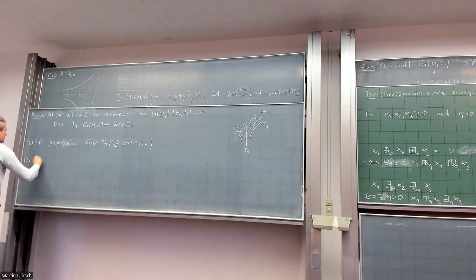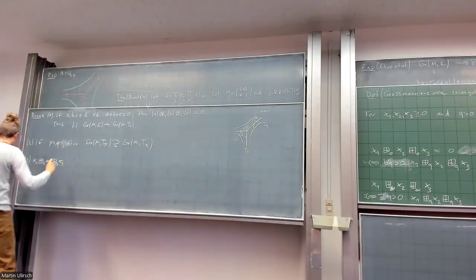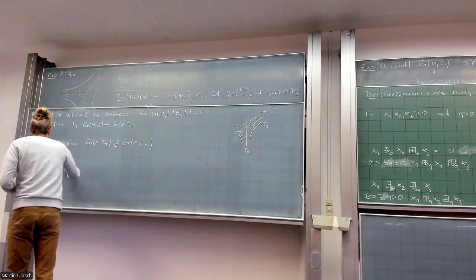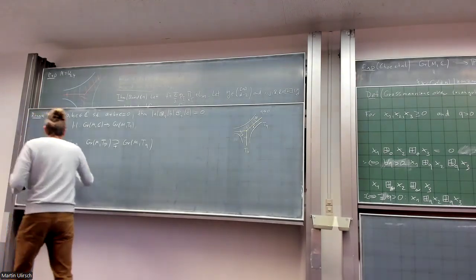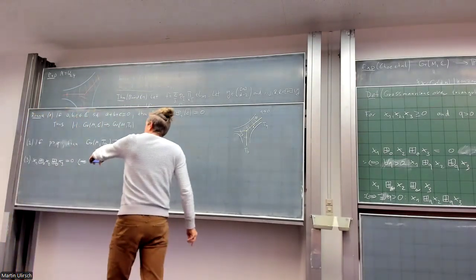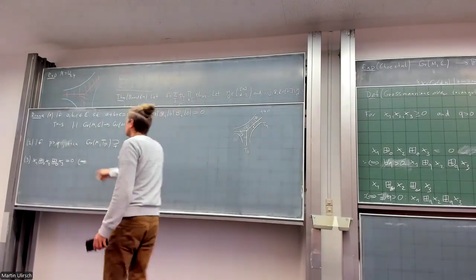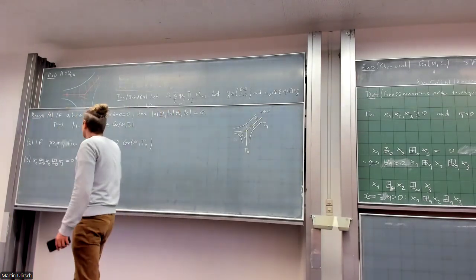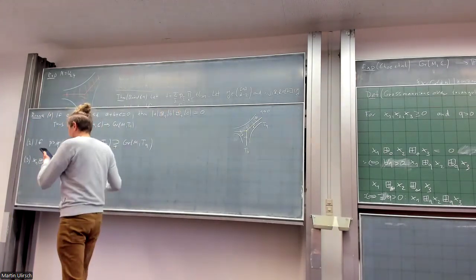One can easily calculate this, so I will not do it here. This relation for Q equals 0 just means the maximum is attained twice.